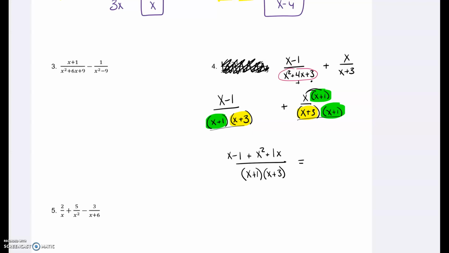Your final step is going to be to combine like terms. So on the top, we've got x squared plus 2x minus 1. And on the bottom, we have our common denominator, (x plus 1)(x plus 3).